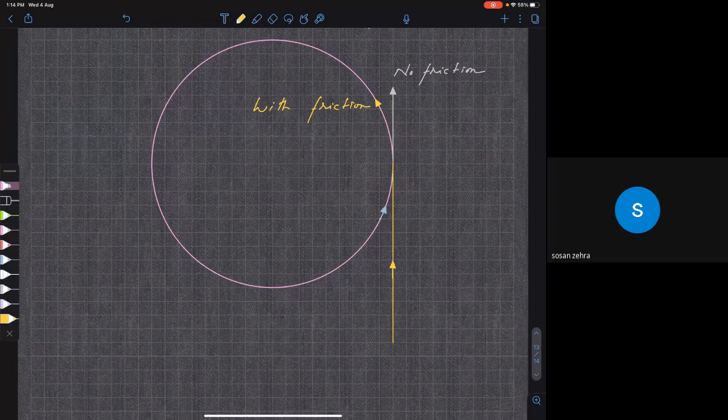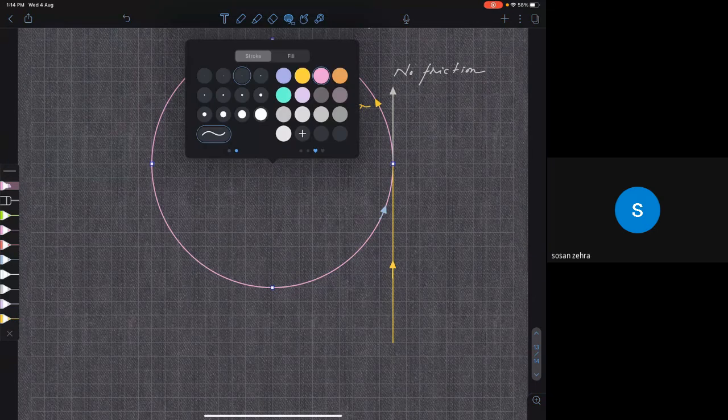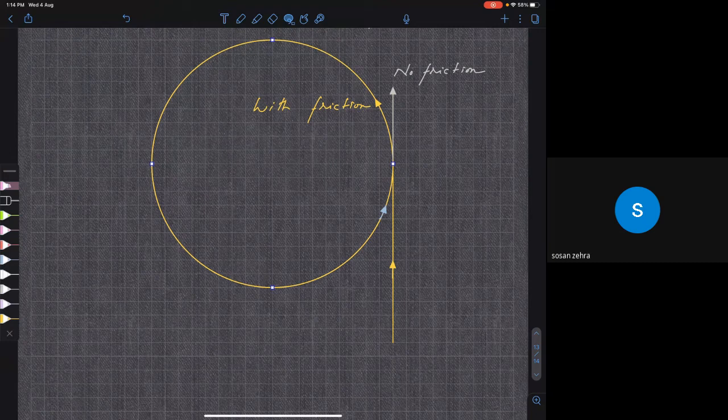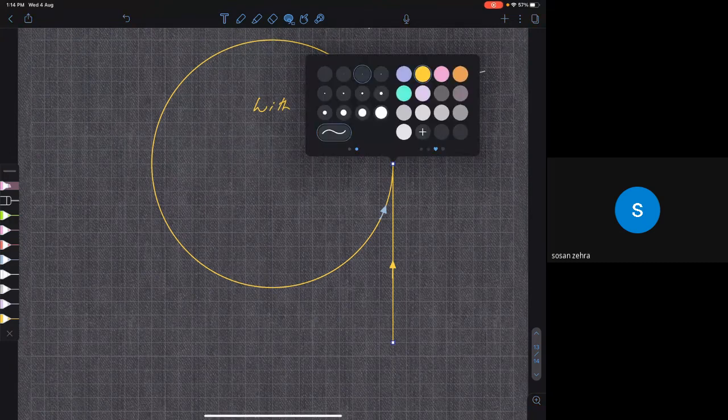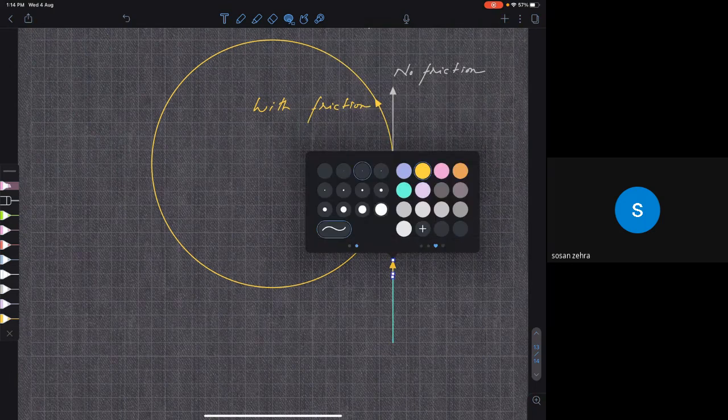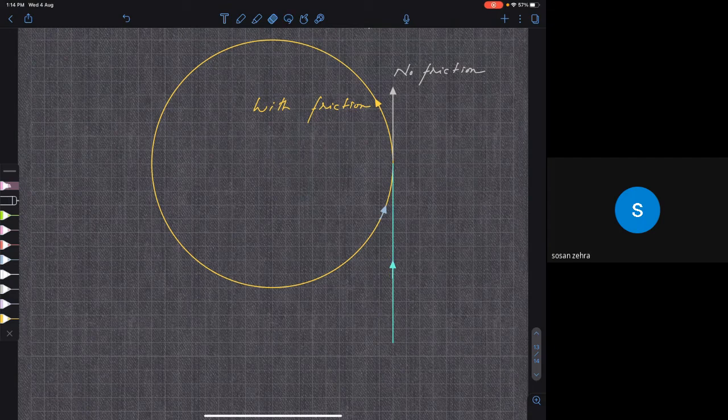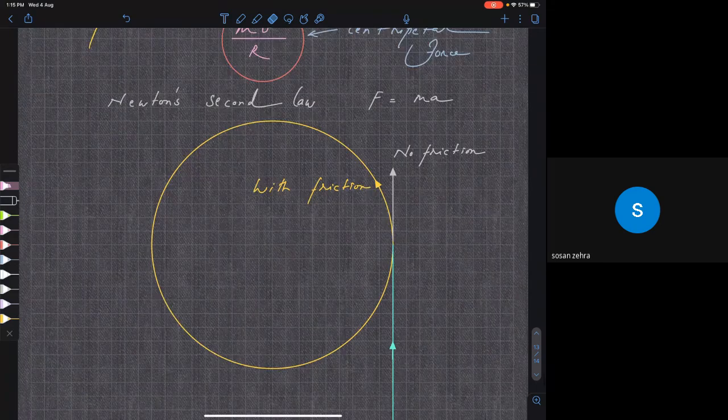So just let me change, you'll understand. So this is the situation here. So for a car moving on a circular road, who is providing the centripetal force? Frictional force between the tires and the road. Clear?